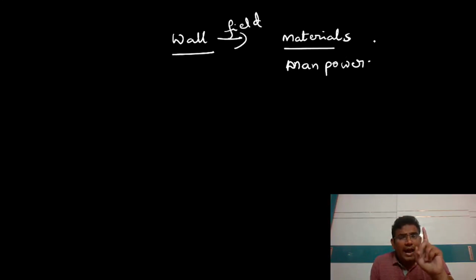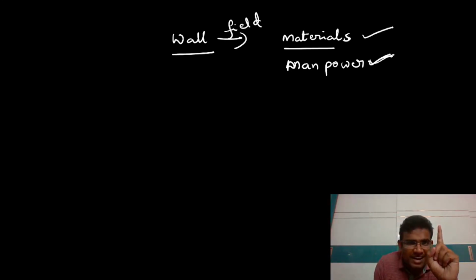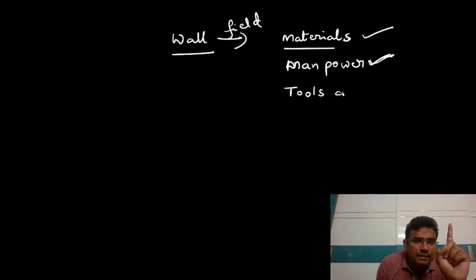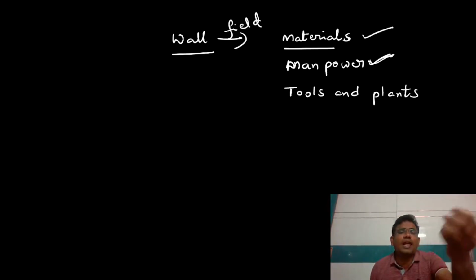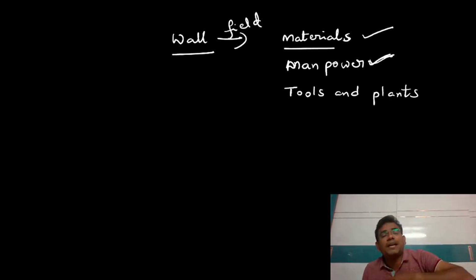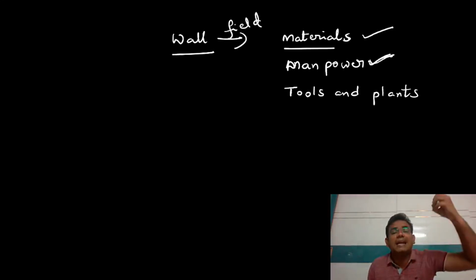Now, we have the materials and the manpower, but without tools and plants, tools and plants means when you want to construct the walls, you require some small equipment. That equipment I am referring to as tools and plants here.